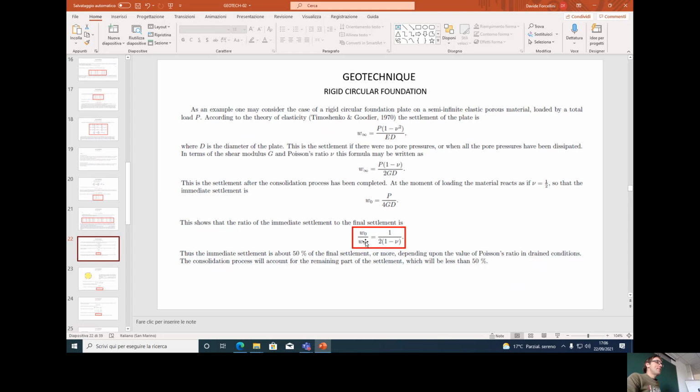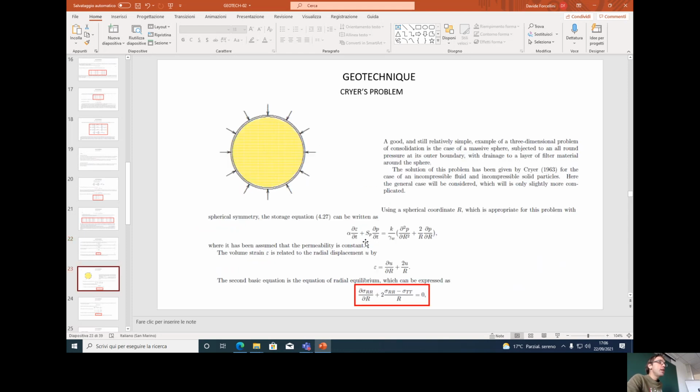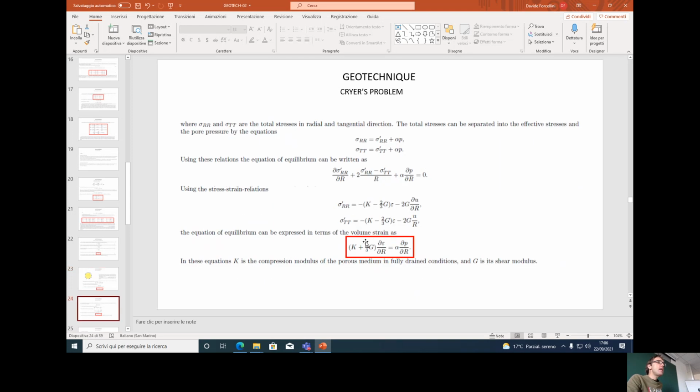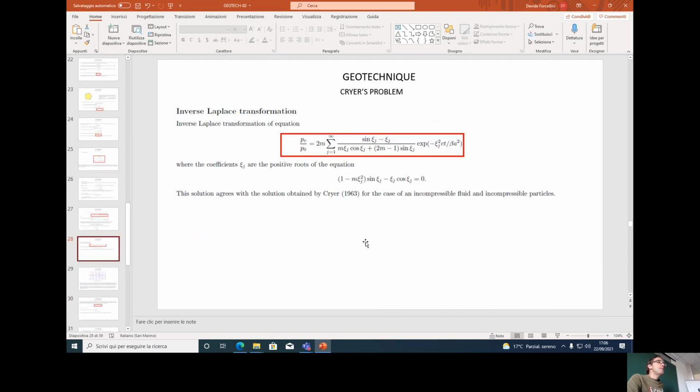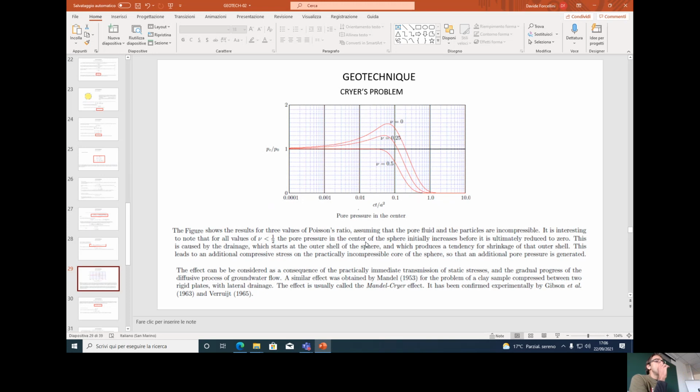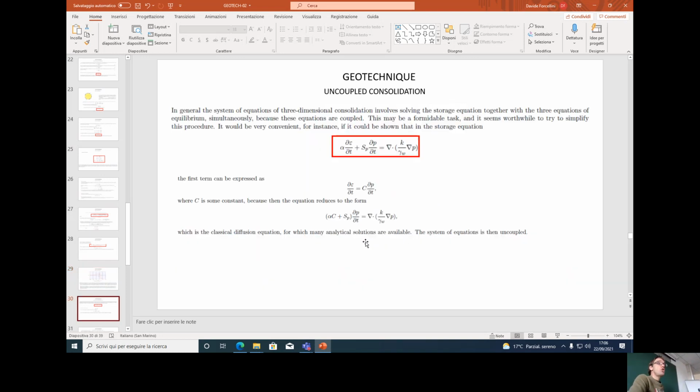So the final settlement after the consolidation can be derived, for example, and we again derive it after putting in the boundary condition, this case, and again you can remember all the things that we said with the increase due to the Poisson coefficient.